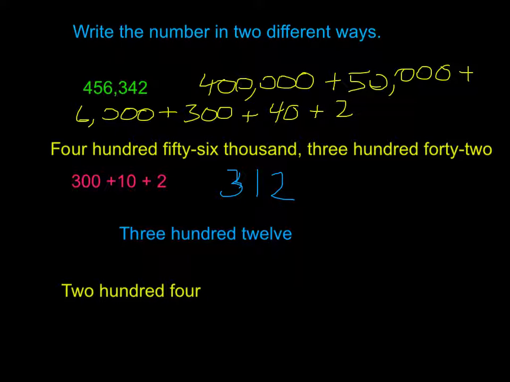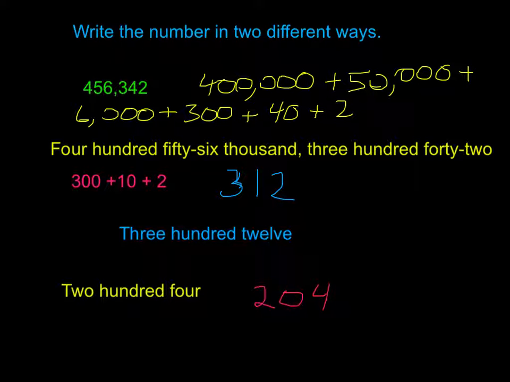And then our last one down here, we have 204 written in word form. And so we're going to write it then in standard form and in expanded form. So 204, I'm going to go ahead and write 204 in standard form first. So 204, and then I'm going to write it in expanded form.